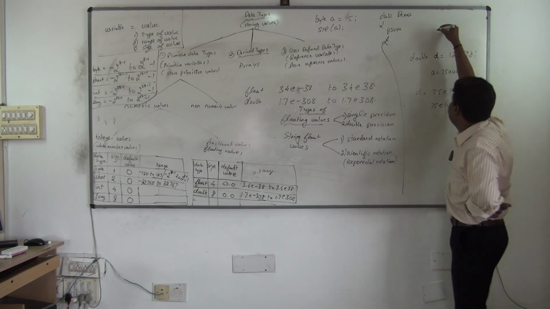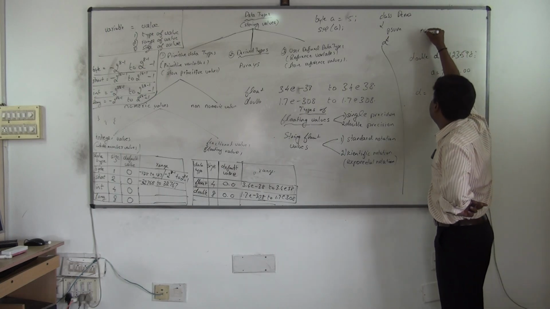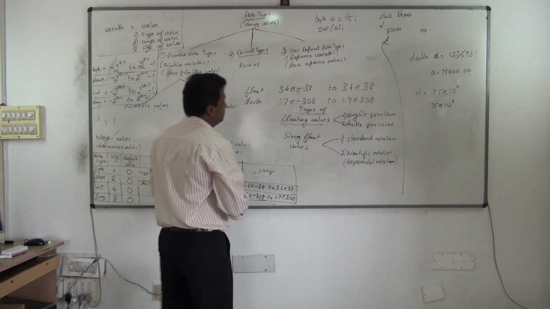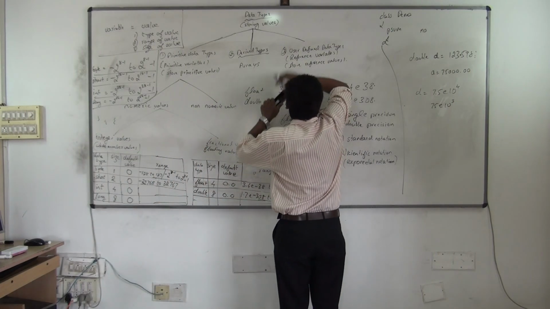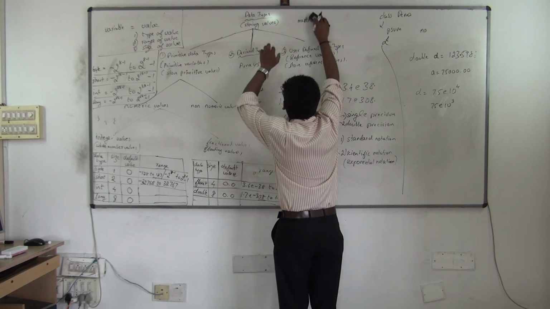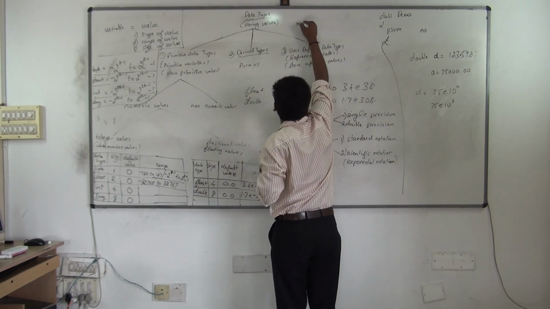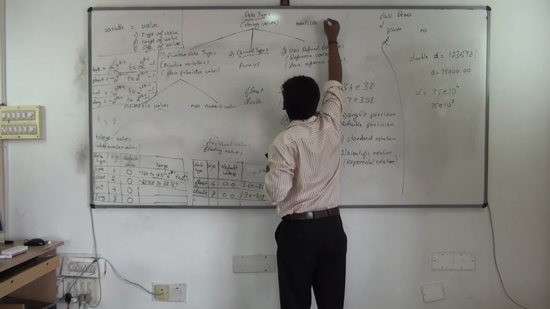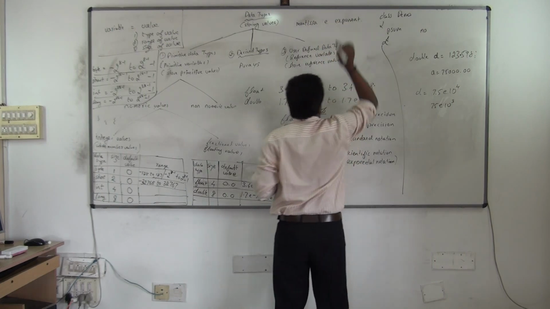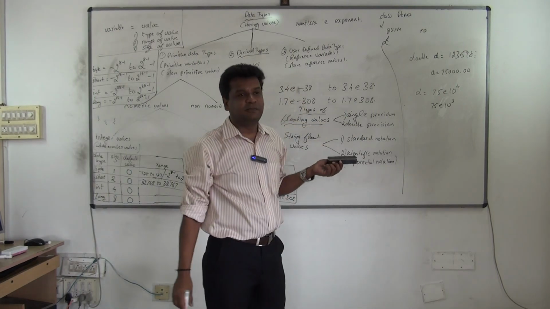If you want the clear explanation, this is the syntax. The syntax for that is mantissa E exponent. You know what is mantissa? So 7.5 is the mantissa.